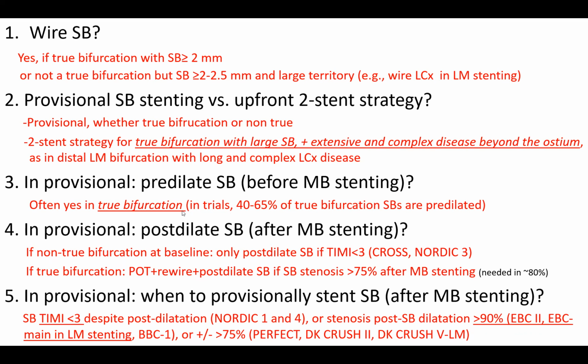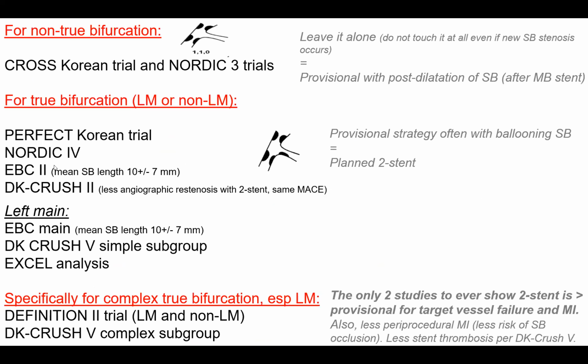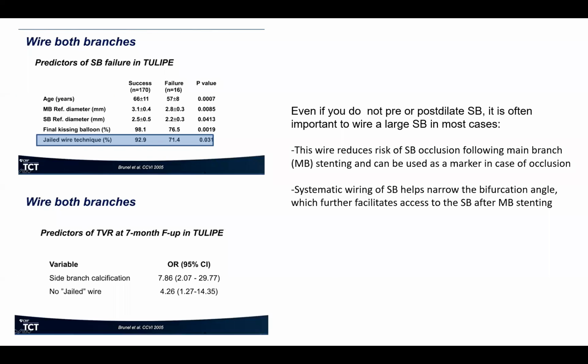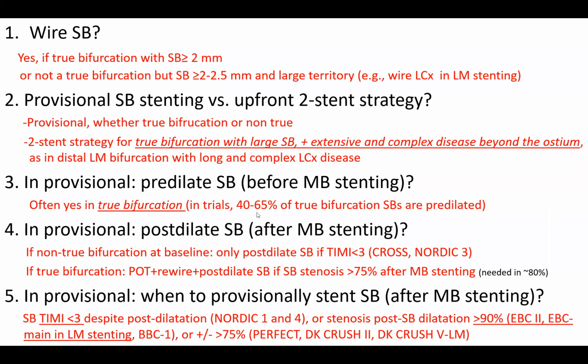This was strongly recommended in the Nordic 4 trial. This one, it was discouraged in the EBC trials, even though if you look here, they discourage it, but about half of the patients still received side branch dilatation. So my approach is to, yes, predilate the side branch often.